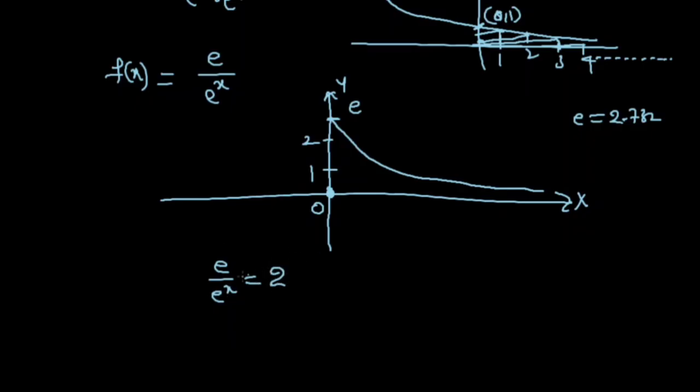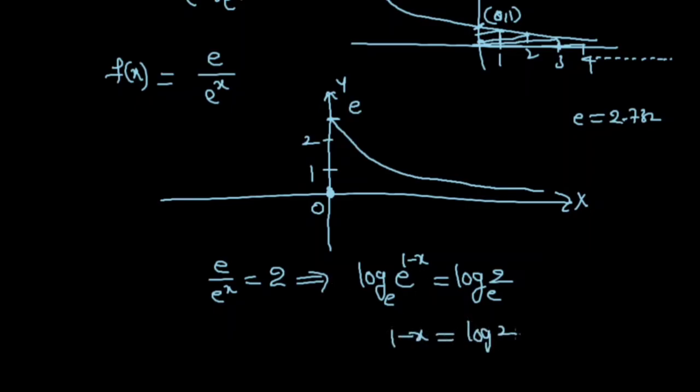So if the output is 2, what is the input? We will check now. If I apply log on both sides, log of e to the power of 1 minus x equals log 2. Here we are using base e log. Log e base e is 1, so 1 minus x equals log 2 base e.